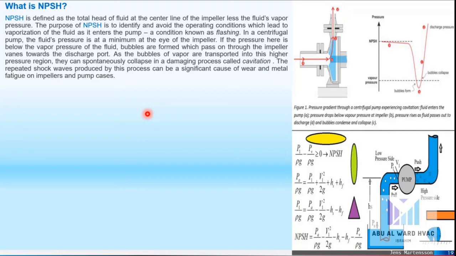As the bubbles of vapor are transported into the higher pressure region, they can spontaneously collapse in a damaging process called cavitation. The repeated shock waves produced by this process can be a significant cause of wear and metal fatigue on impellers and pump cases.